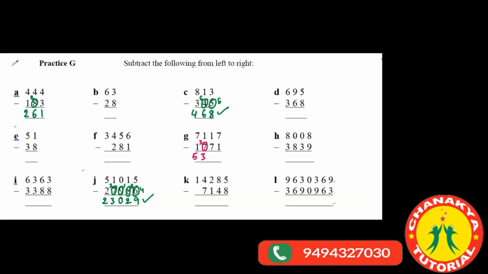Then the complement again, it will be 4, sir. 3 plus 1 is 4. Should we write 4 or minus 1? 4 only. Okay. And then 6. 7 minus 1 is 6. Good. Correct.